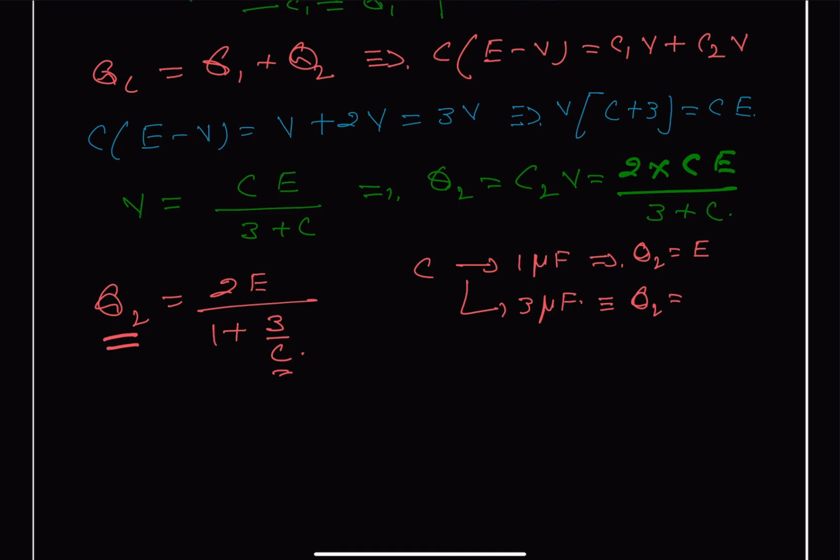Let me check. This comes as 2E divided by (1 plus 3 by 3), so Q2 is 2E by 2, which comes as E. So obviously the charge is going to increase from E by 2 to E, but with a decreasing slope.